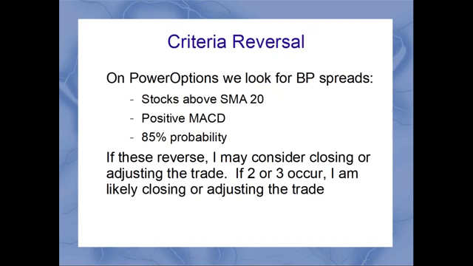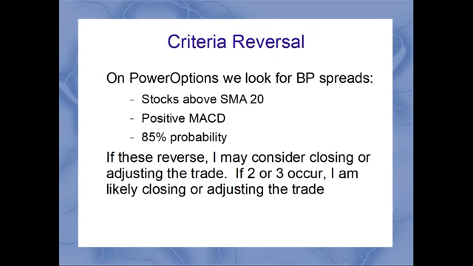Criteria reversal. Now we'll go more into this later, but our default screen that we use the most here at Power Options, and that I use in my personal account, is the Bull Put Weekly. It's looking for 2-week out spreads. And the criteria in that search: we look for stocks above the 20-day moving average, a positive MACD, and 85% probability, which might equate to a short delta of negative 0.15 or negative 0.20.